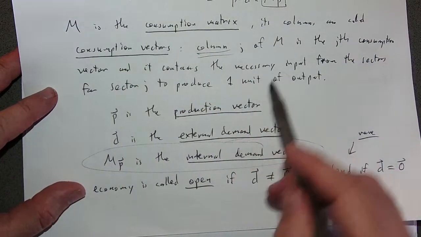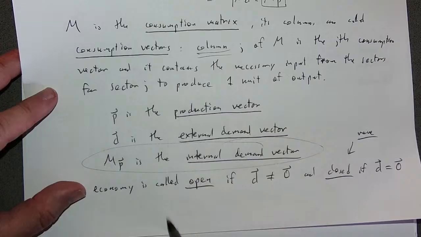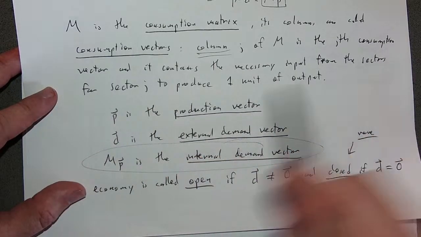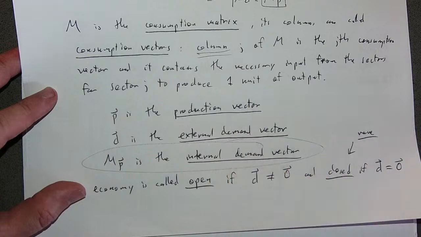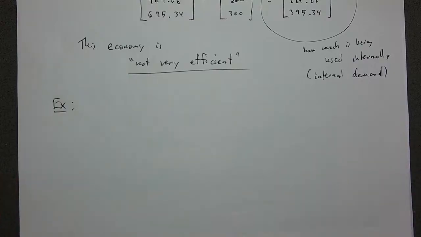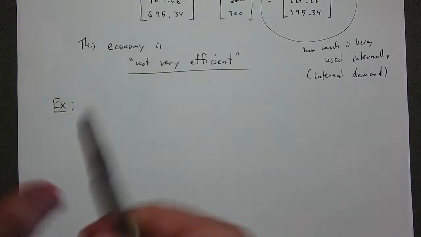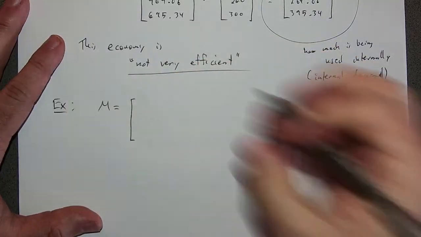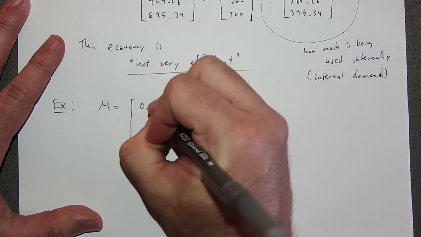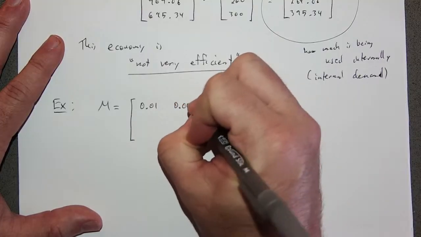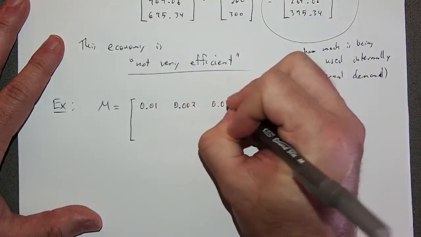The jth column of M is the jth consumption vector, and it contains the necessary input from the sectors for sector j to produce 1 unit of output. You can read this off from the consumption matrix itself. So let our consumption matrix be the following. I'm going to read row-wise again: 0.01, 0.002, 0.04.